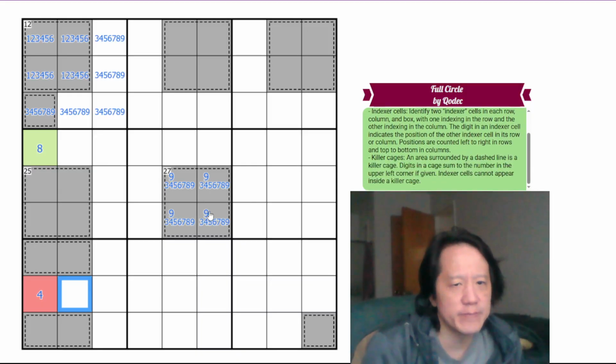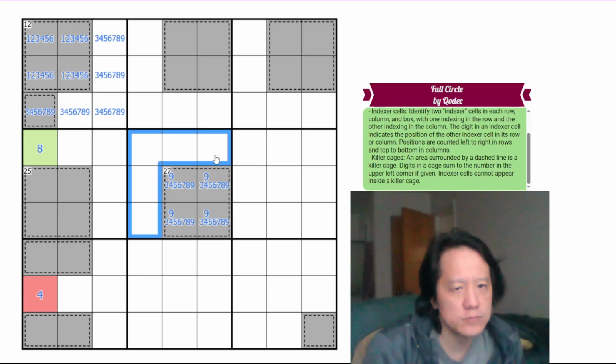Okay, what does that mean? I'm not really sure. There's 2 indexers here. There's 2 indexers here. That's interesting.